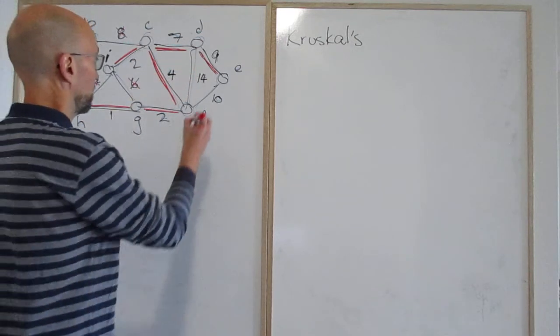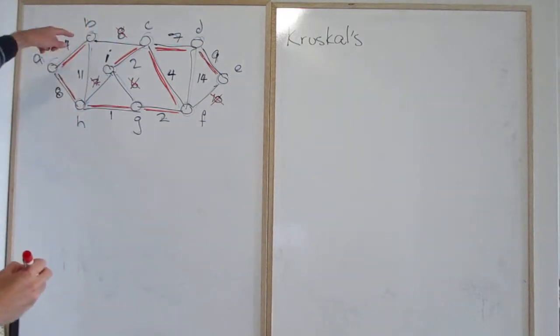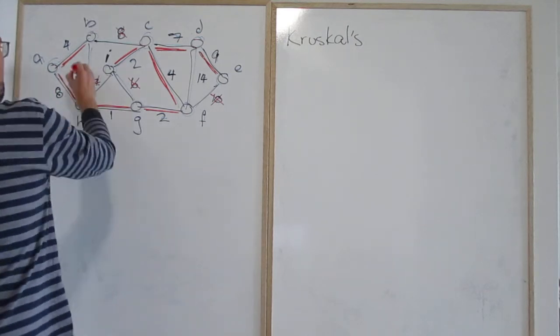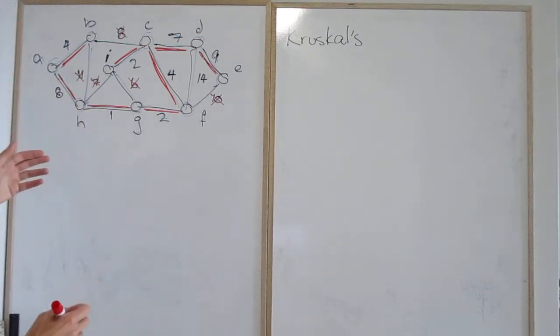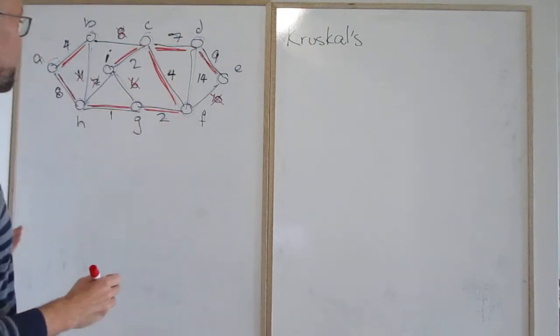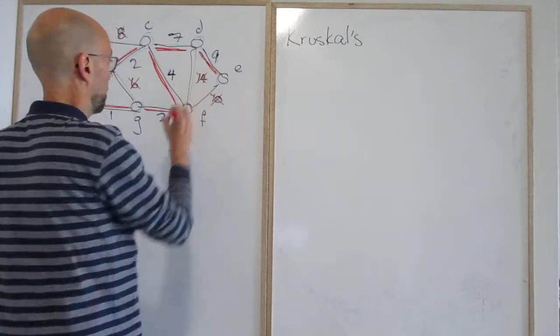Yes. We don't add it. 11, B to H. Does it create a cycle? Yes. We don't add it. And then 14, D to F. Does it create a cycle? Yes, it creates a triangle. So we don't add it.